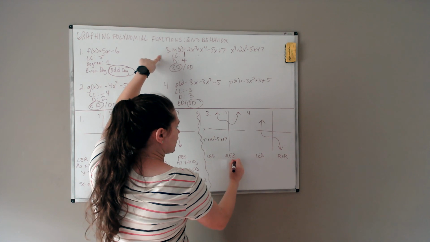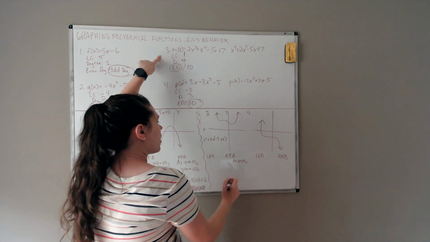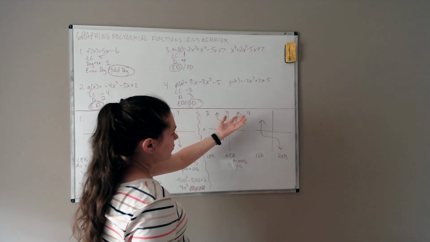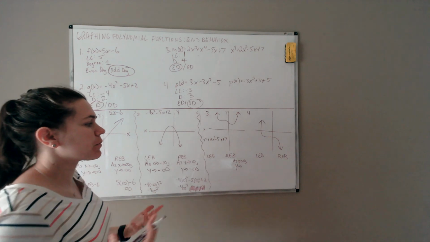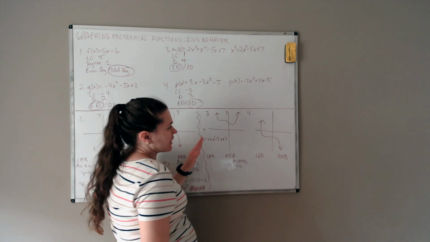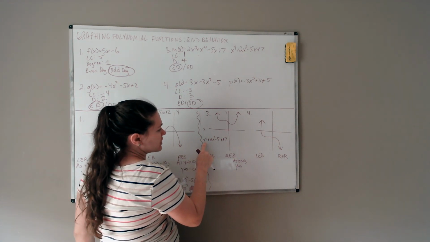Okay, so let's take a look at the right end behavior. So as x approaches positive infinity, what is y approaching? Well, we can see by the graph what it's approaching, but let's talk about why. The right end means you're looking as x gets more and more positive. So notice your first term is x to the fourth.